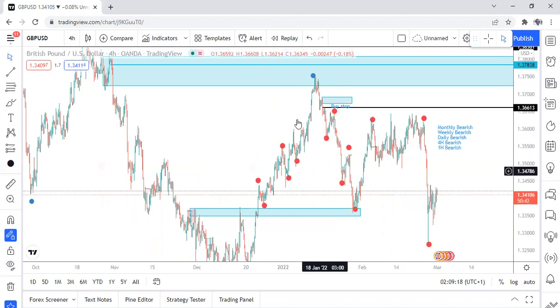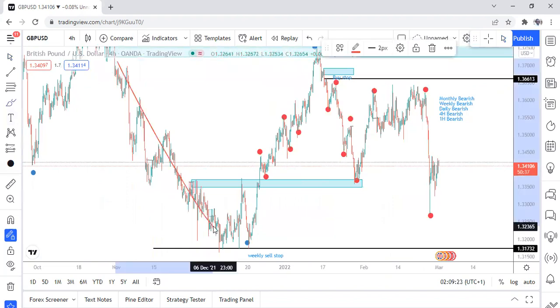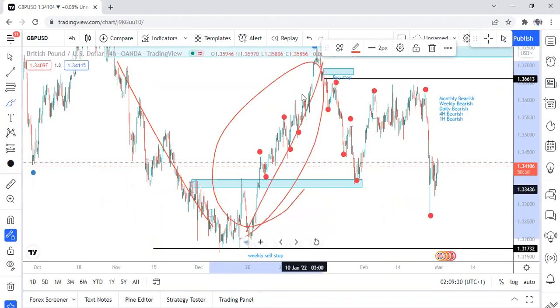Right from this zone, going down, it then started coming up again. If I'm buying this pullback, I know I am buying the pullback. The 4 hour is pulling back so that the daily can retrace and the trend can continue in the same direction.